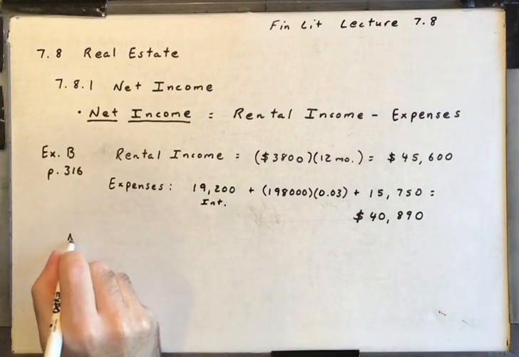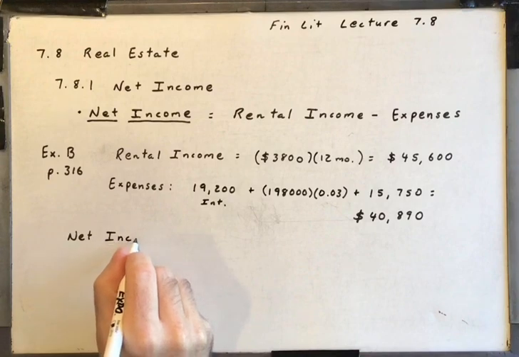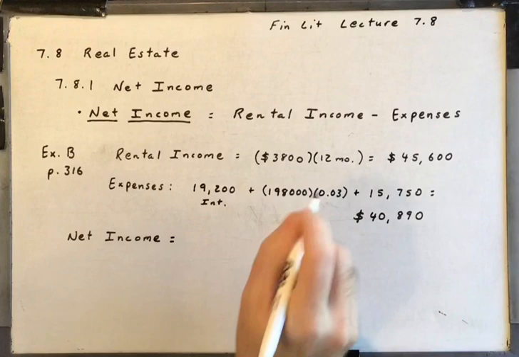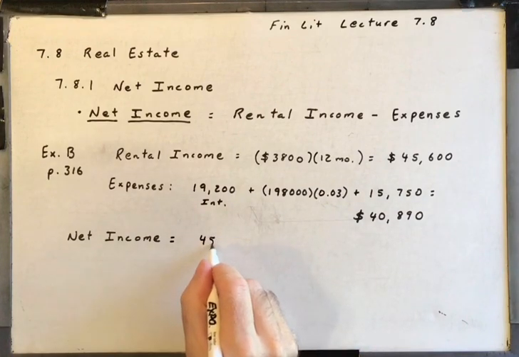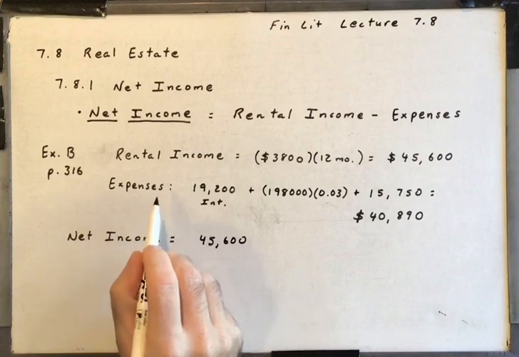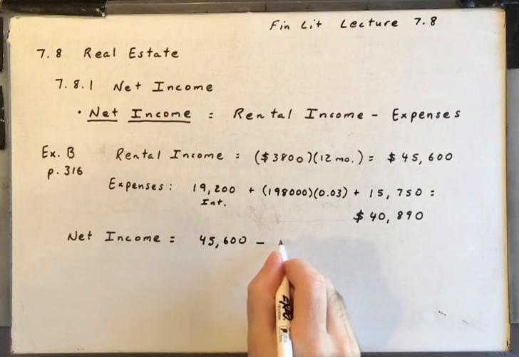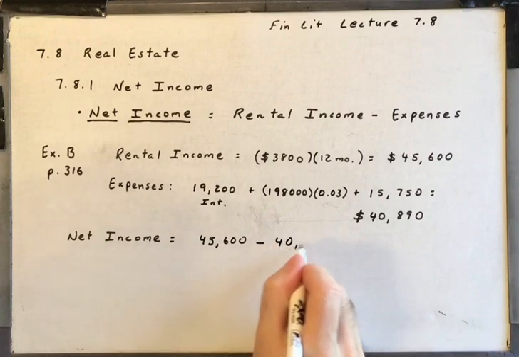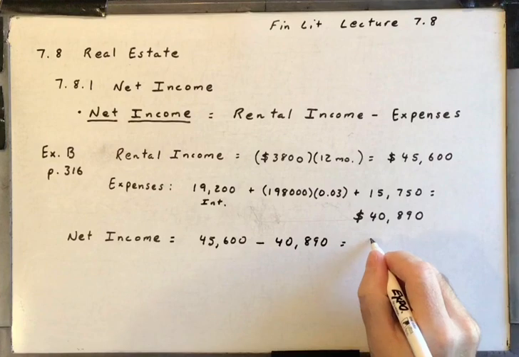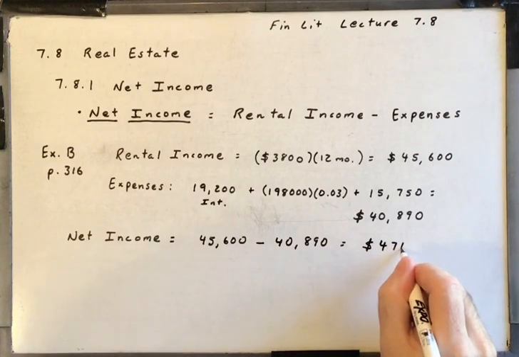So the net income, you just subtract the expenses from the rental income, $45,600 minus $40,890. All right, and that'll be $4,710.